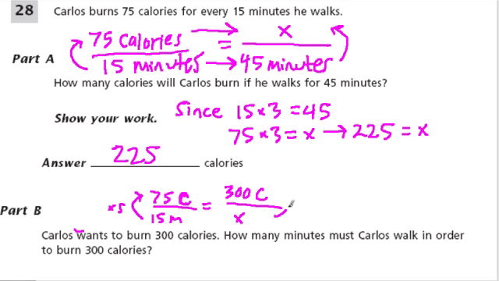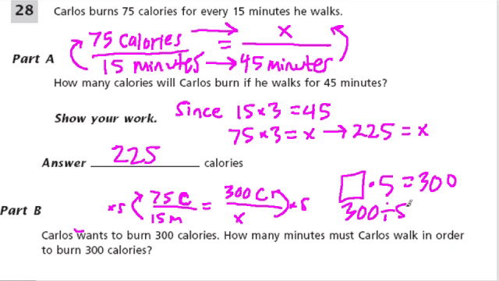So our mystery number times 5 should give us 300. So our question is, what times 5 gives us 300? Well, we can just take 300 and divide it by 5, which is 60. So the answer here is 60 minutes of walking to burn that many calories.